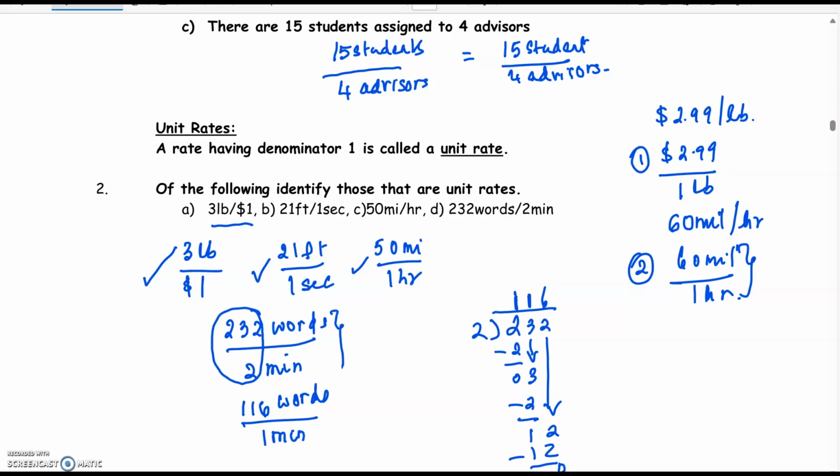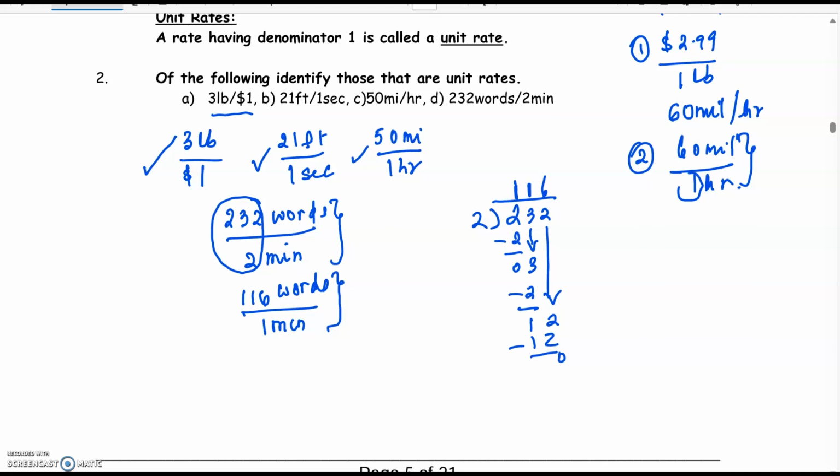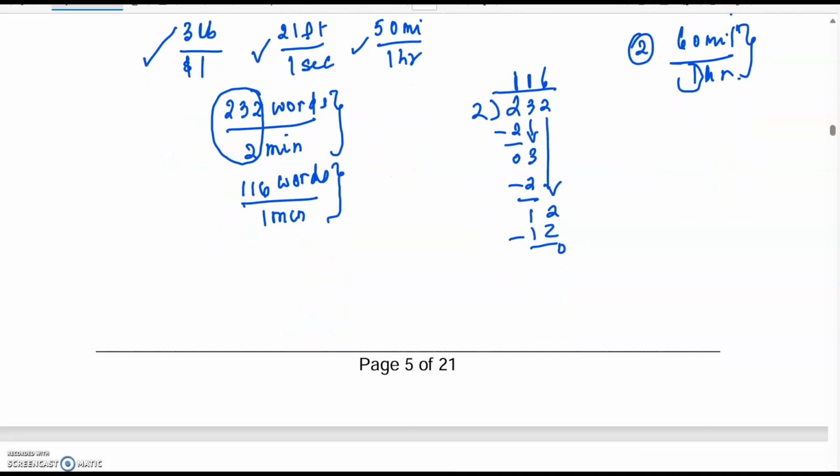So this was not a unit rate, but with a little bit of calculations, we can change it to a unit rate. So what is a unit rate again? It's a rate where the denominator has a 1 in it. 1 unit in the denominator, and that's what makes it a unit rate.